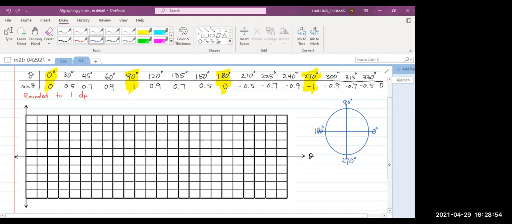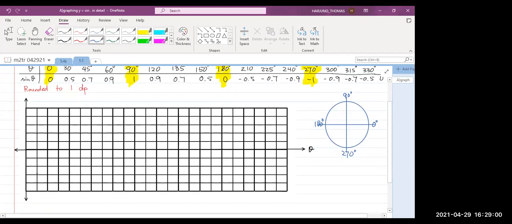Now the way I do this is as follows. We will start from 0 degrees here, and every grid, every 1 unit you go to the right, represents 15 degrees. So 30 degrees will be here, 45 degrees, 60 degrees, 90 degrees will be here.